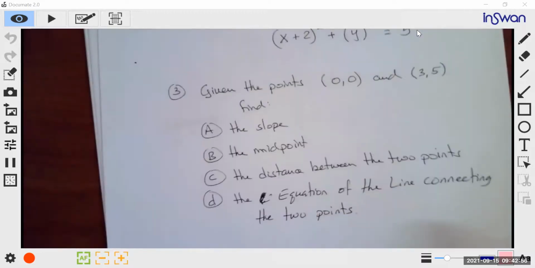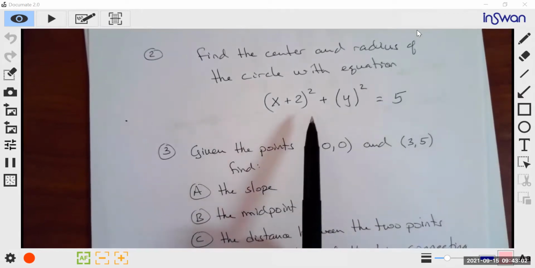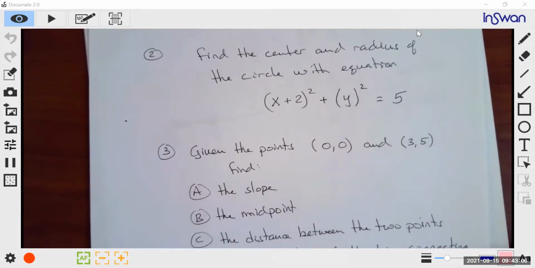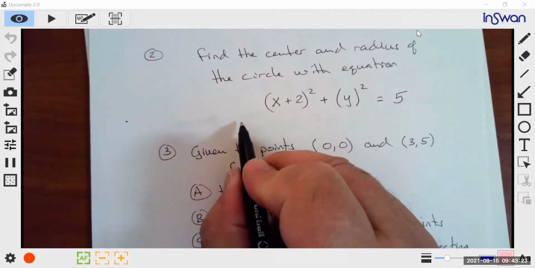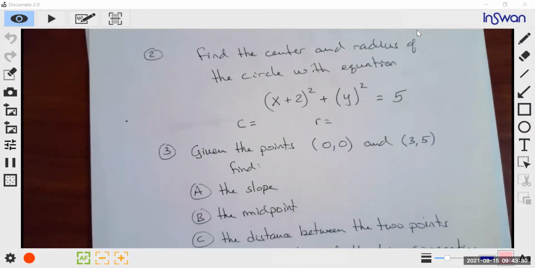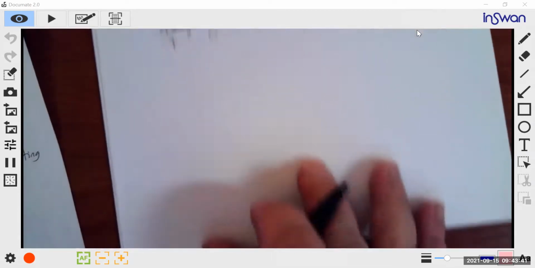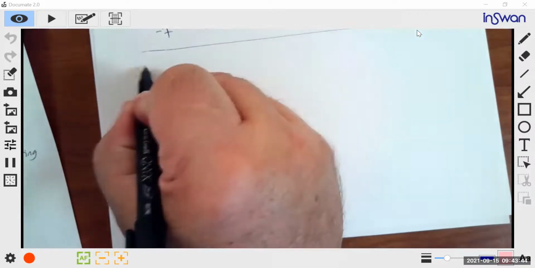Question number 2 is a lot easier one. Find the center and radius of the circle with the equation x plus 2 squared plus y squared equals 5. So I want the center and the radius.